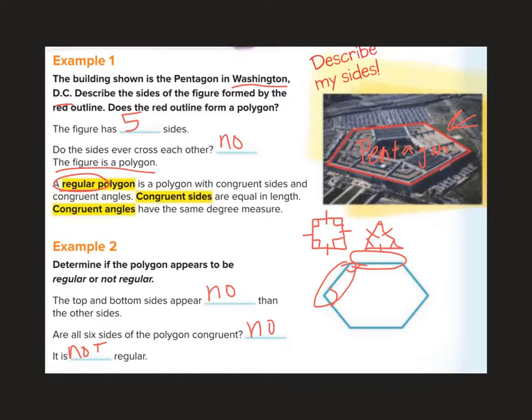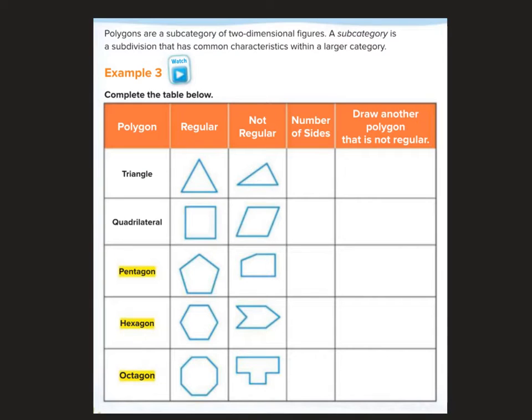Do the top and bottom sides appear longer than the other sides? The top and bottom sides appear longer than the other sides. So yeah, I think these do appear longer. Are all 6 sides of the polygon congruent? No, so it's not regular.